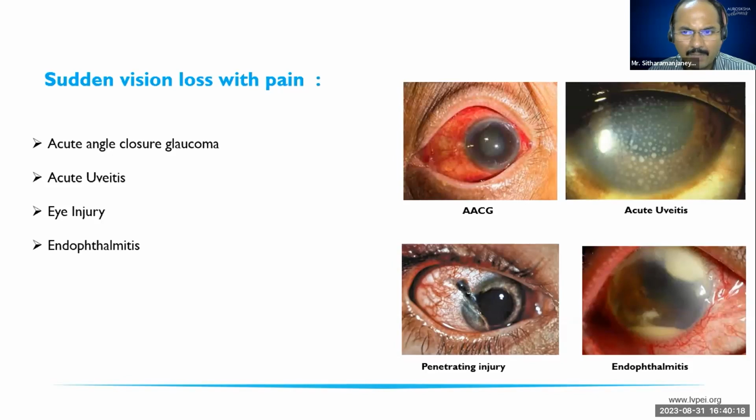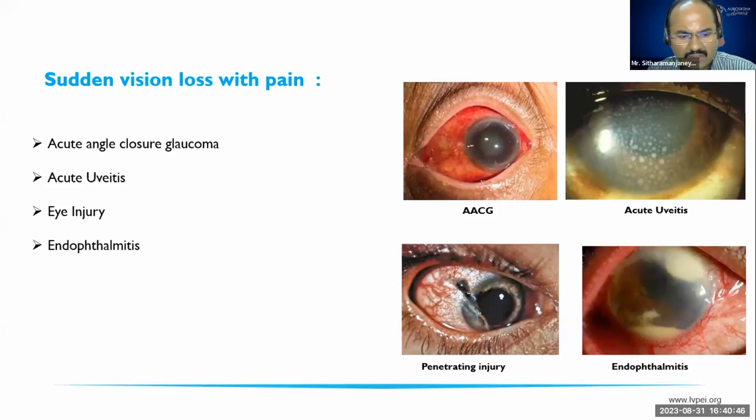When inflammation happens to the uveal tract, especially anterior uveitis, the patient will notice sudden loss of vision. The third one is ocular injury, either open globe injury, penetrating injury, or closed globe injury. When injury happens to the eye, the patient may notice sudden loss of vision with pain.